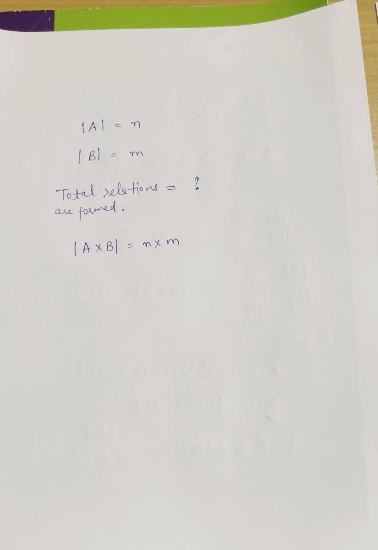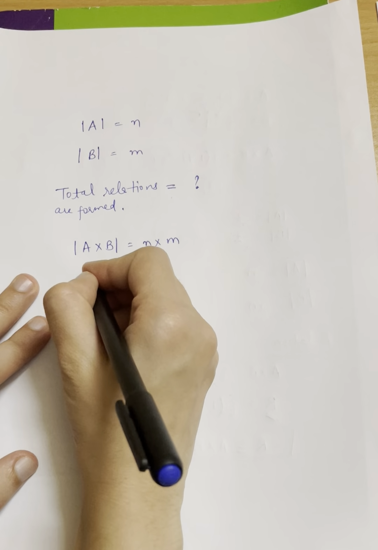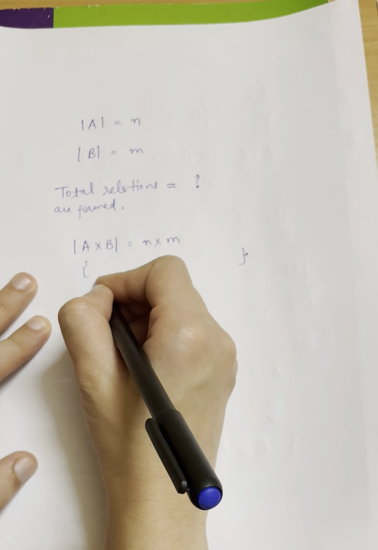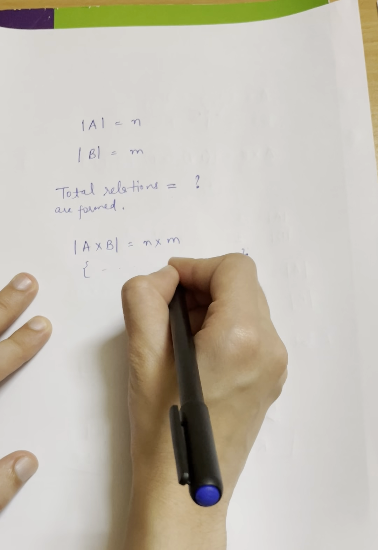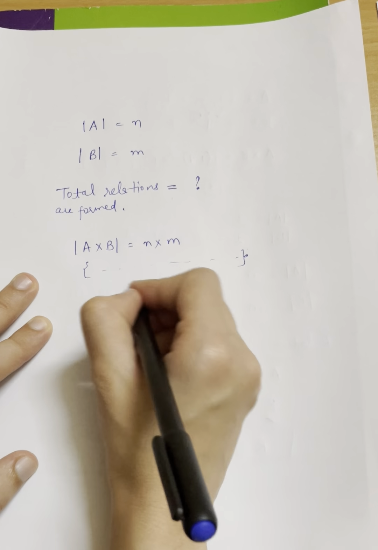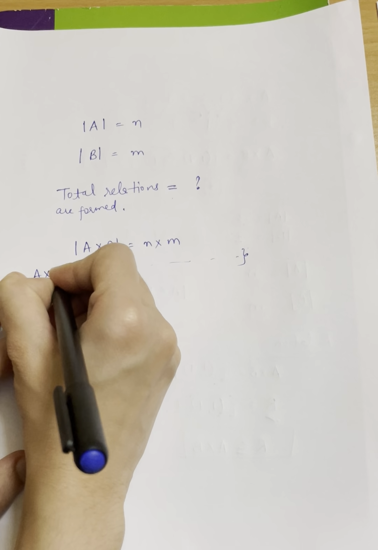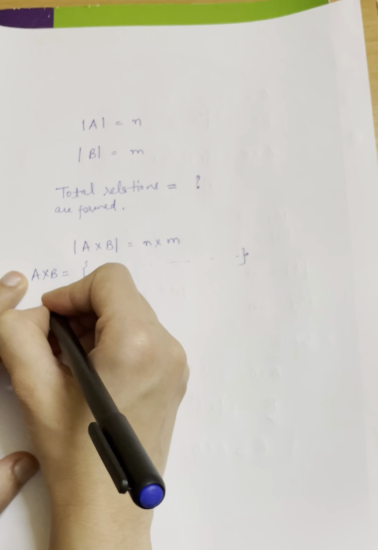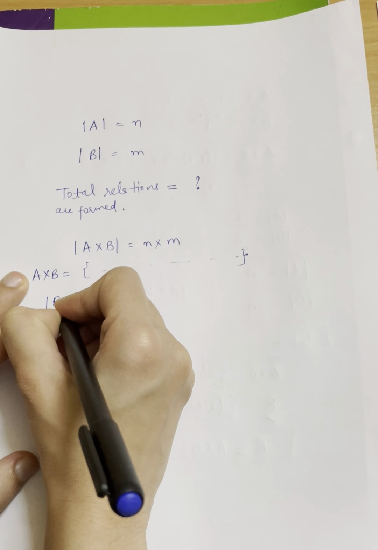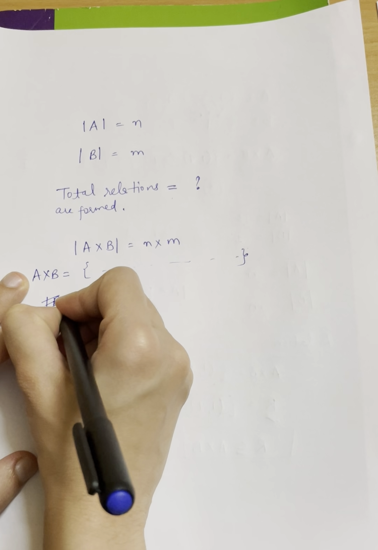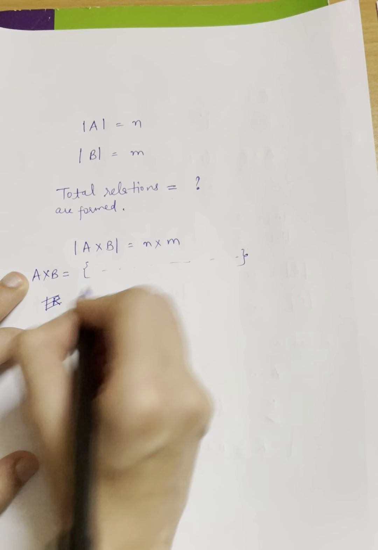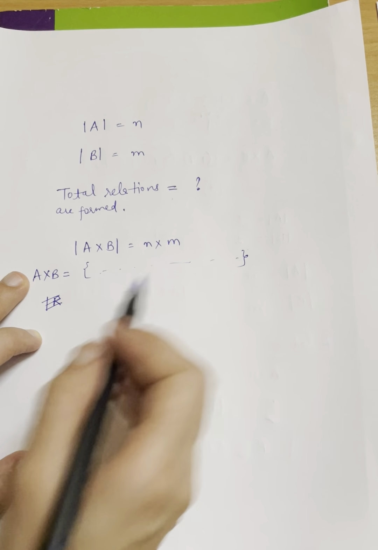Now from this Cartesian product whose cardinality is n cross m, how many total number of relations are possible from this A cross B?